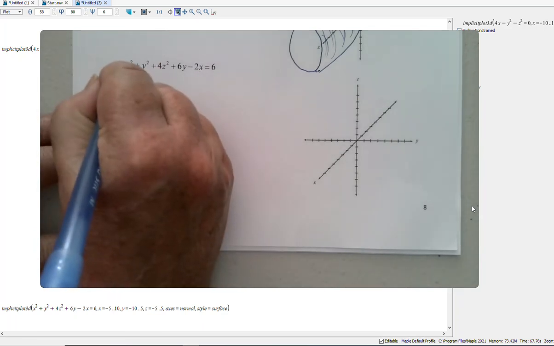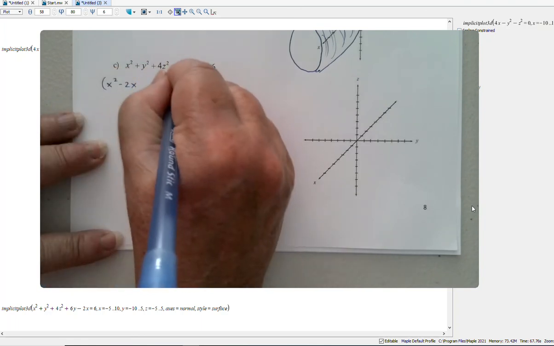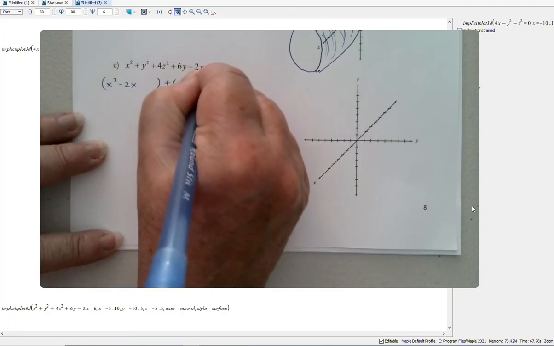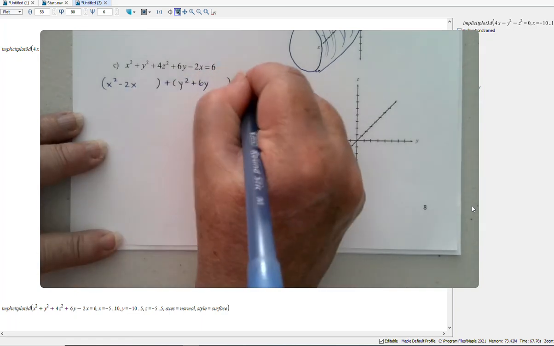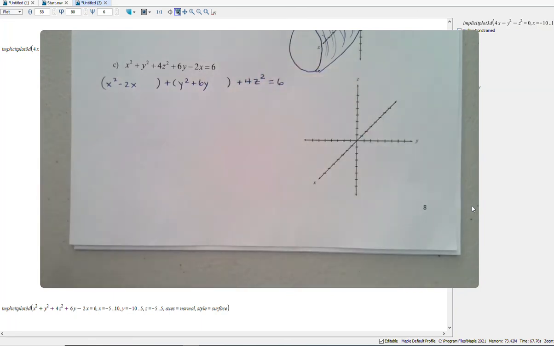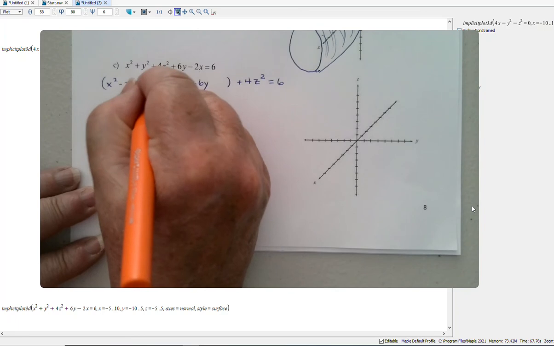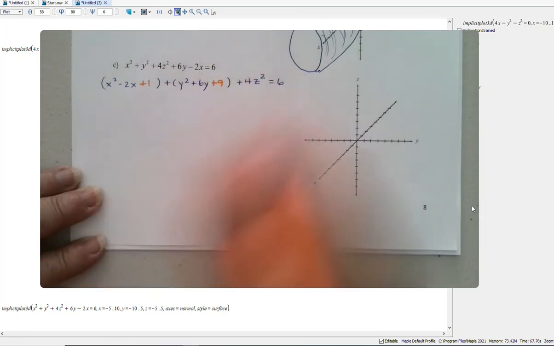So I'd have x squared minus 2x, keep those together, plus y squared plus 6y, I'm going to keep those together, plus the 4z squared equals 6. I need to complete the square, so I'm going to add 1 and add 3 squared would be 9. So I'm actually adding a total of 10.